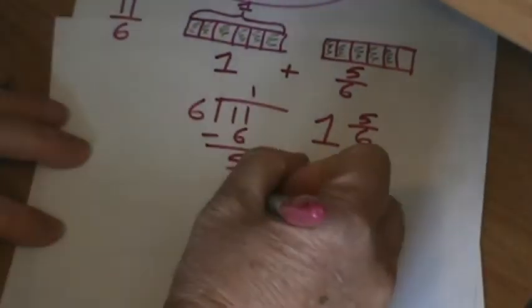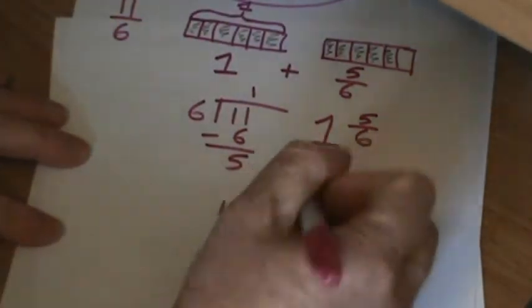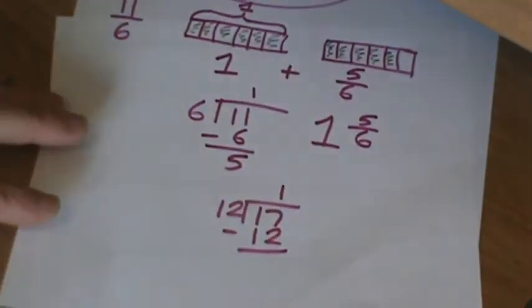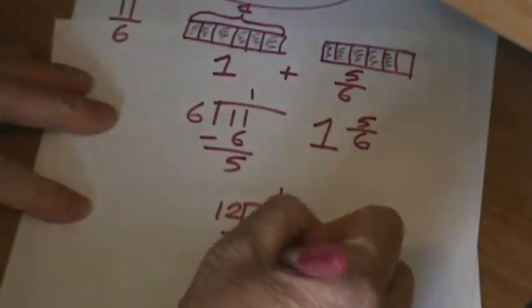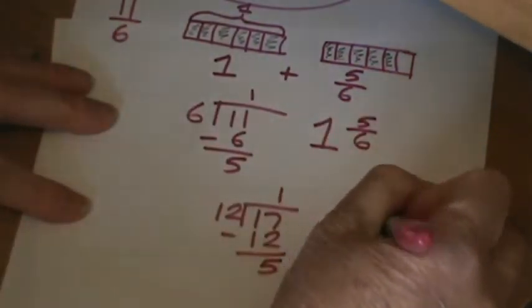All right, so we'll say 17/12. I'm going to take 17 and divide it by 12. 12 goes into 17 one time. Time to subtract. 17 minus 12 is 5. So we can see that the quotient, or the answer, is the whole number.